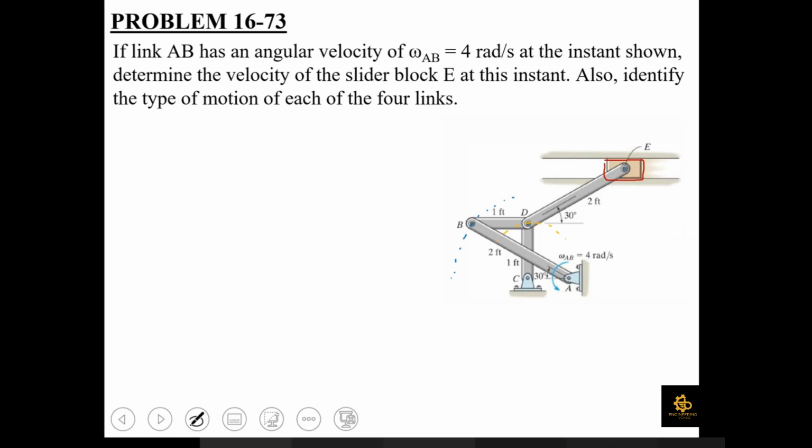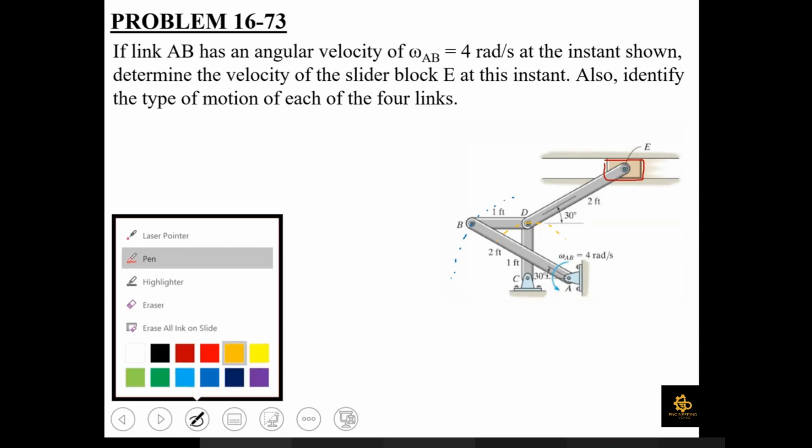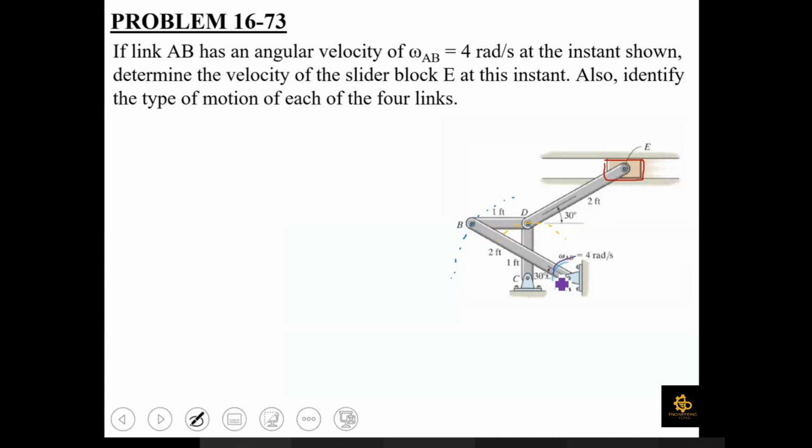ओके, सो एट द नेक्स्ट इंस्टेंट अभी हमें गिवन क्या है कि एबी जो है इट इज रोटेटिंग इन दिस डायरेक्शन विच इज बेसिकली काउंटर क्लॉकवाइज डायरेक्शन। सो एट द नेक्स्ट इंस्टेंट प्रोबेबली पॉइंट बी, अगर मैं एग्जेजरेट करके बनाऊं, पॉइंट बी वुड बी एट दिस पॉइंट जो मैंने ब्लैक कलर के क्रॉस से शो किया है, एंड पॉइंट डी वुड बी एट दिस पॉइंट जो कि मैं येलो के ऊपर वो ब्लैक कलर का क्रॉस शो कर रहा हूं। इट मींस दैट एट द नेक्स्ट इंस्टेंट प्रोबेबली दिस इज गोइंग टू बी द पोजीशन ऑफ लिंक बीडी। सो इसमें कौन सा मोशन हुआ है बीडी में?